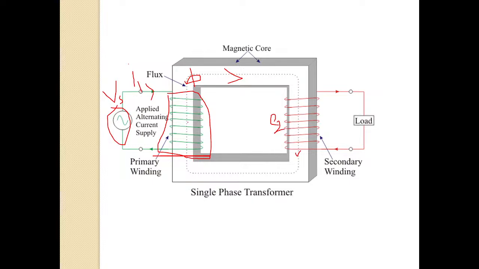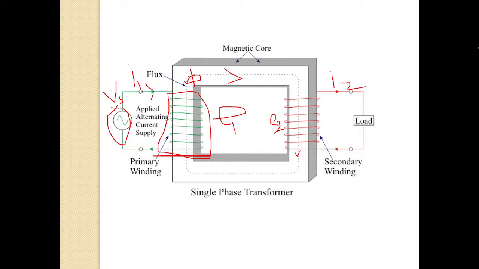Similarly, here also, when current flows through this coil and flux is induced, voltage is induced. So E1 voltage is induced in the primary winding, E2 voltage is induced in the secondary winding, and when you connect the load, current of I2 amperes will flow through this load.